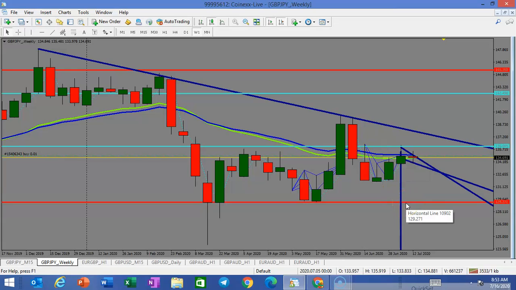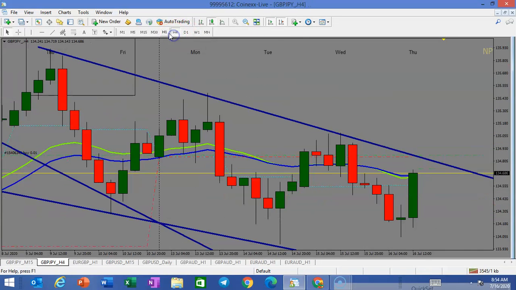So, I mean, listen, we can only work with what we got, right? Again, I'm looking to see GJ reject this weekly. If it does reject it, then I'm gonna be in a sell.